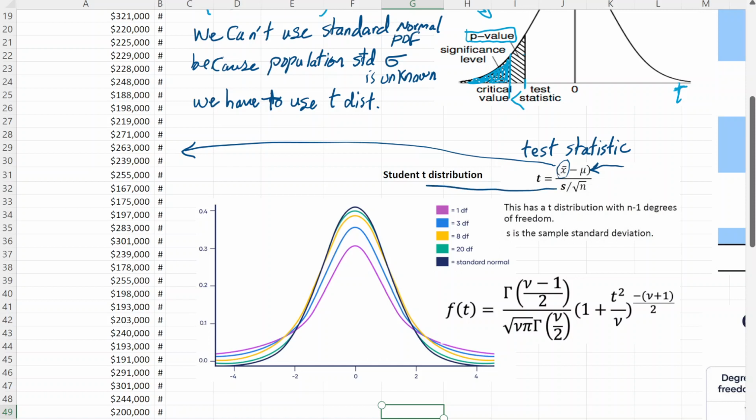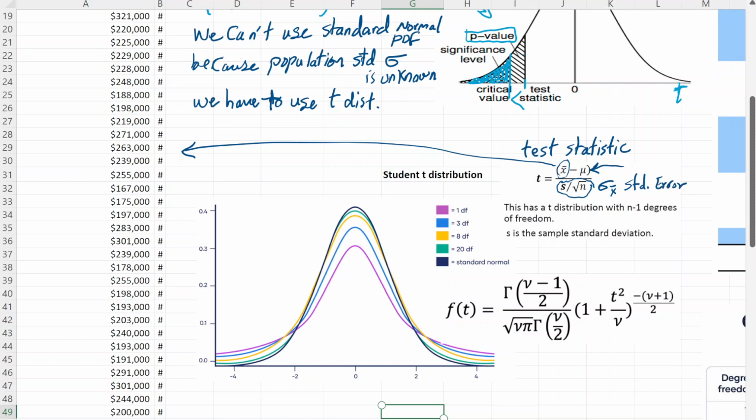S is the standard deviation of the sample of salaries we have. N is 50. And of course, S over root N in the denominator is just sigma X bar, or basically the standard deviation of the sample mean, or standard error.